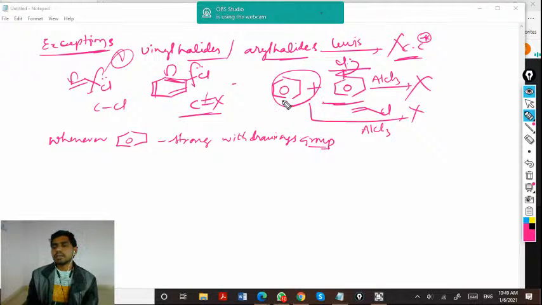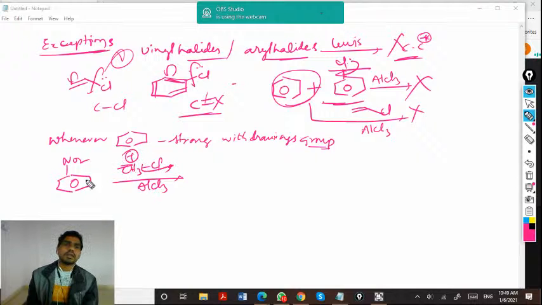Here the electrophile is formed, for example when nitrobenzene is there and I take methyl chloride in presence of AlCl3, it's going to form the electrophile. But this needs electron density on the benzene, which is not sufficient when strong withdrawing groups are there. So then also the reaction is not going to happen.